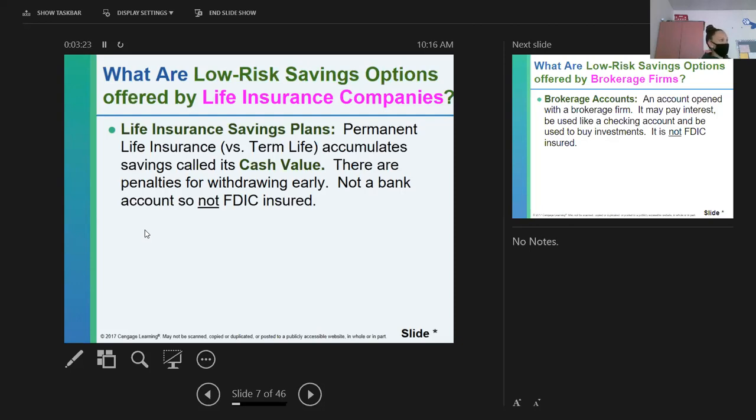So it's a low risk option, but it's not a great savings option, in my opinion. But again, some of these permanent life insurance policies have cash value. To build cash value, when you pay your premium, your bill every month, some of that bill goes towards an investment account, so it earns interest.